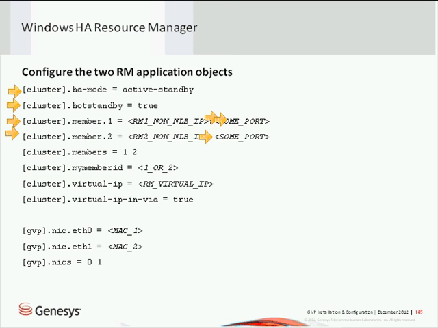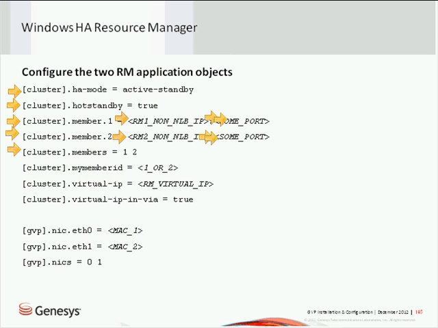So you could have port 9801 here and 9802 here, and make sure that both resource manager configurations have that 9801 and 2. Again, this is the non-NLB IP. So .13 and .14 were what we used for NLB, so that is not going to be used here.